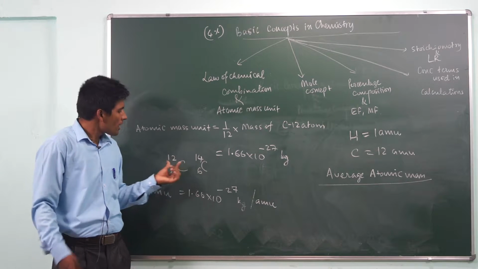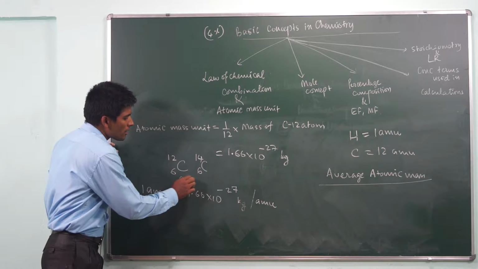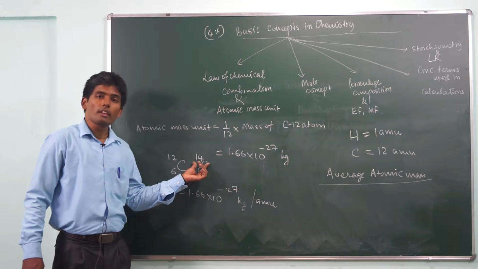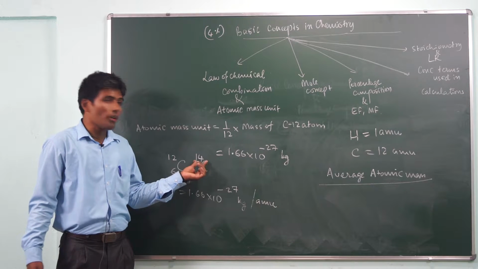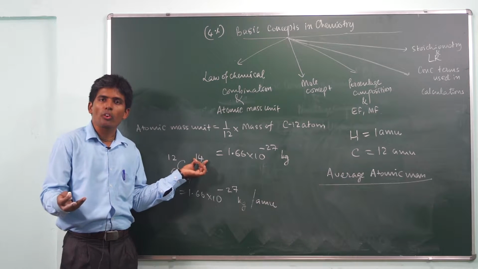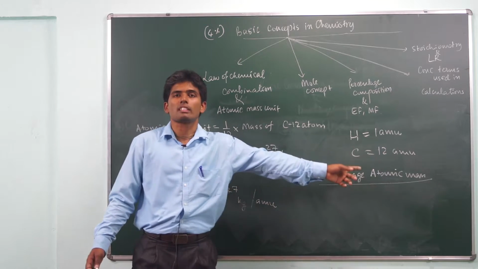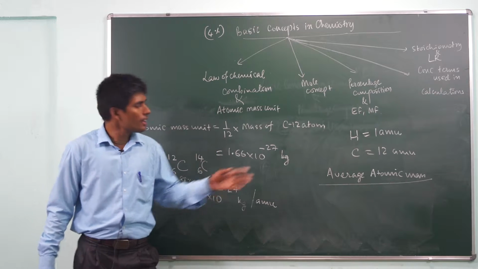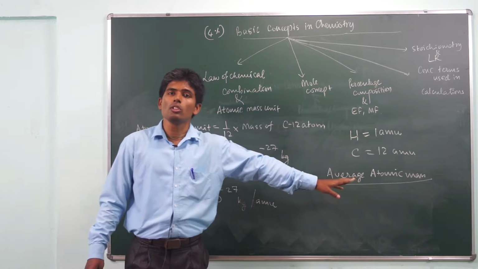However, in nature we have 98% of C12 only. Only 2% is C14. However, this does contribute to the average atomic mass. So when we have more than one isotope for any element, then average atomic mass comes into the picture.